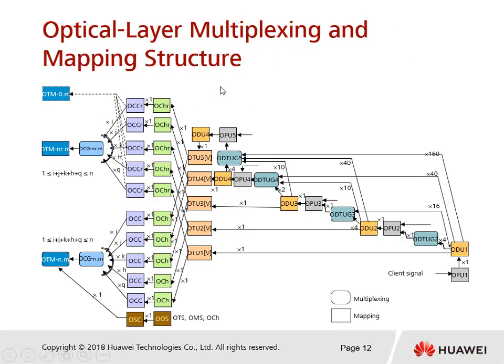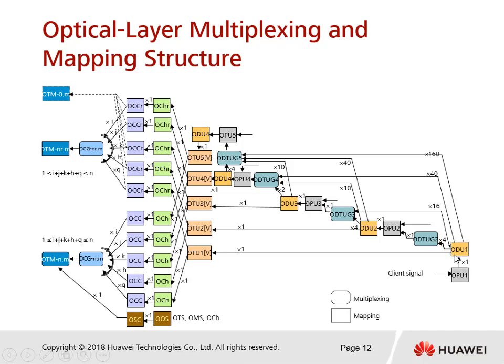So next, we are going to show you the optical layer multiplexing and mapping structure. As you can see here, we have two different parts. You can divide it like this: the upper one and the lower one. We first analyze the lower one because here we have the OTM N.M. So this is what we use.